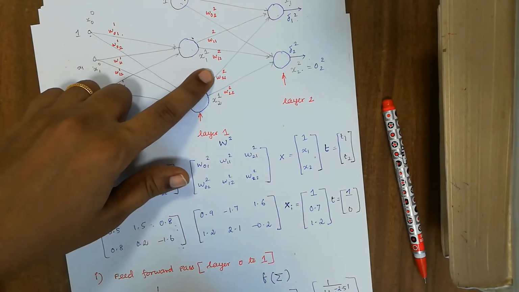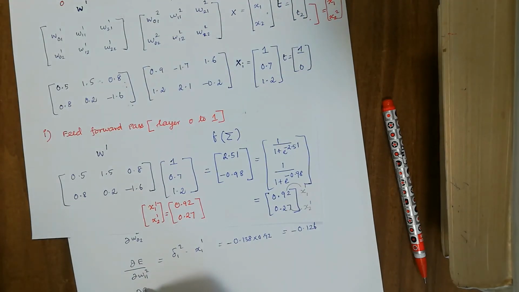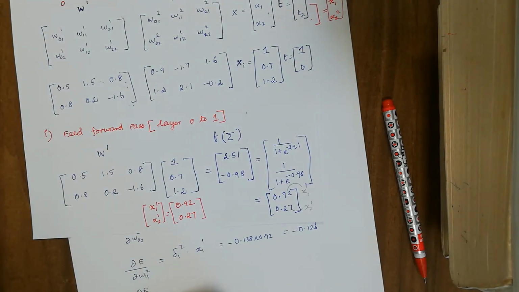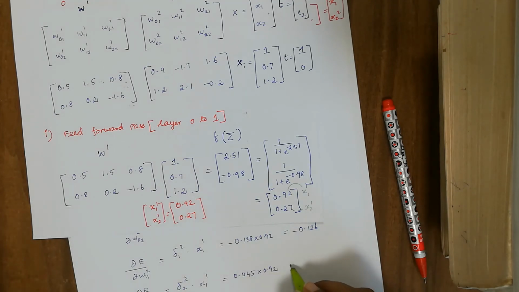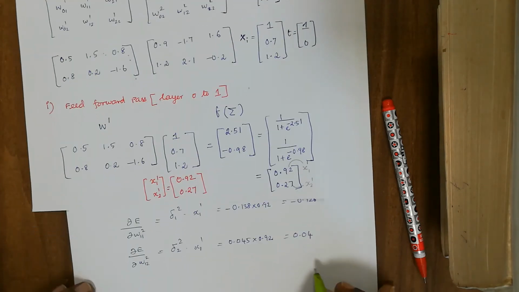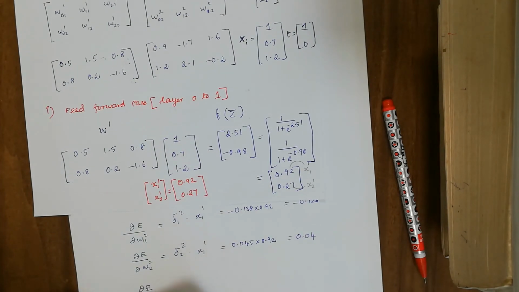Okay, so we have written this. Now we have to go for W12, which is dou E by dou W122 as del 22 into x11, which is 0.045 into 0.92, which is 0.04. So once we have calculated all the values, let me complete the other two.